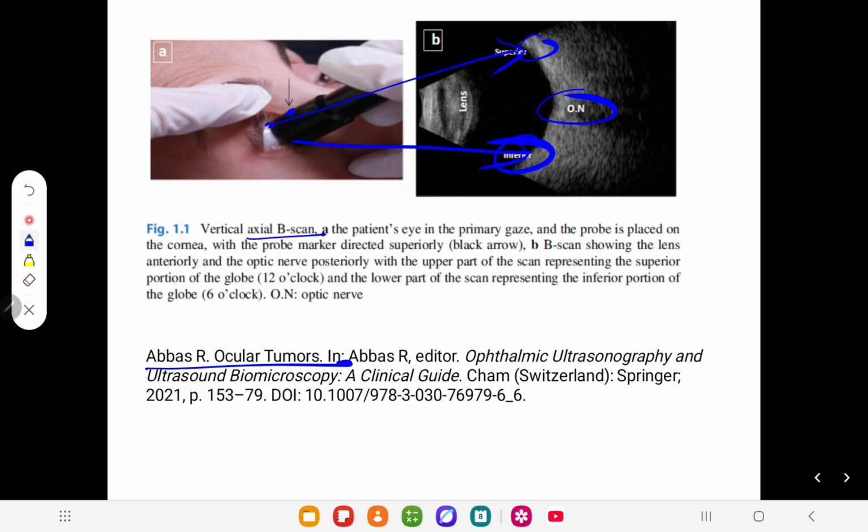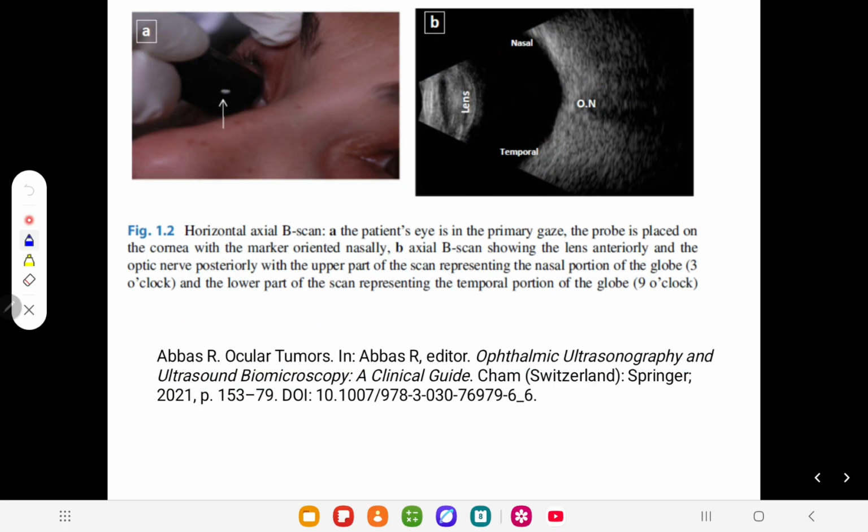I have taken this picture from the book Ophthalmic Ultrasonography and Ultrasound Biomicroscopy: A Clinical Guide. If it is nasal, then the upper portion is the nasal retina, the lower portion is the temporal retina, and the center is the optic nerve head, isn't it?